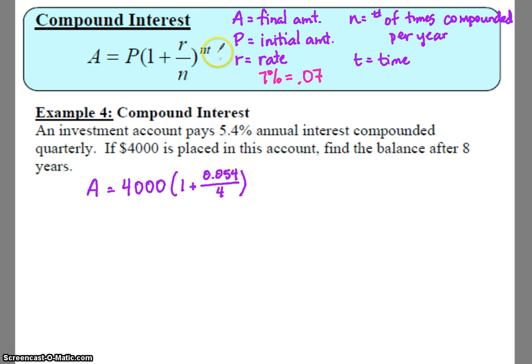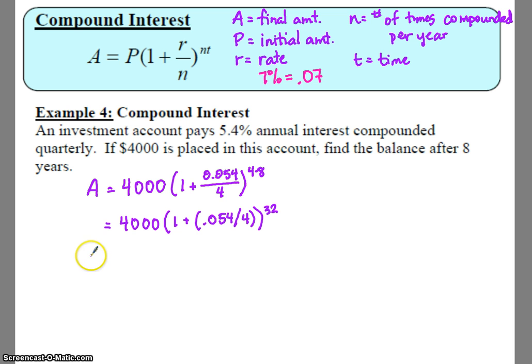And on the outside you have N times T. So we're going to have N, which once again is going to be a 4 times T, which is 8. So what you could do is you could type this on your calculator. If you type it similar like this, 1 plus, now you're going to use parentheses on the 0.054 divided by 4, in parentheses there, parentheses to the power of 32.